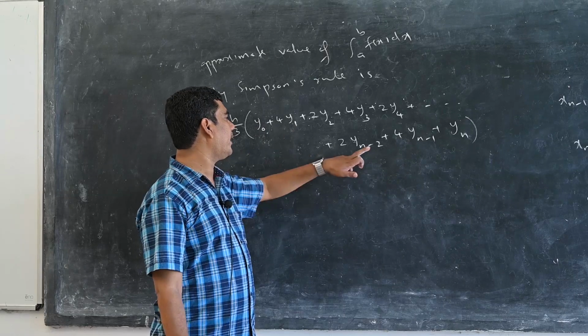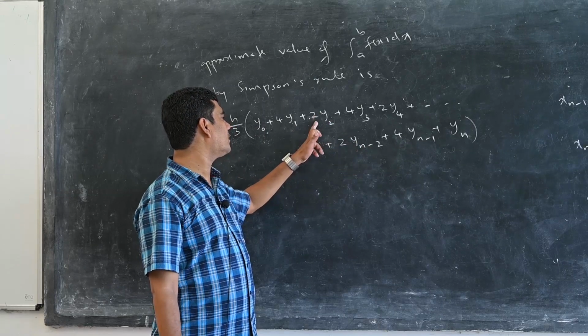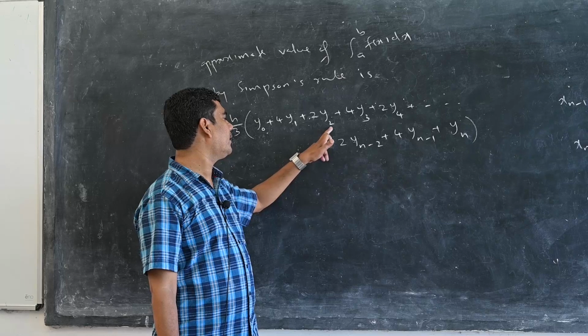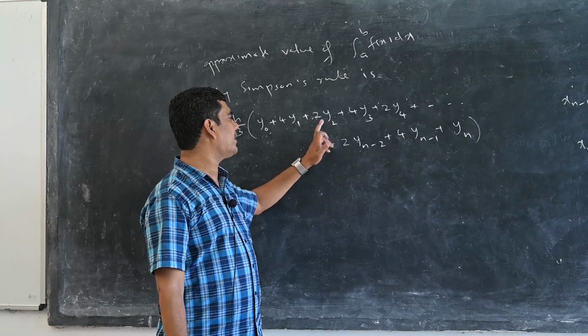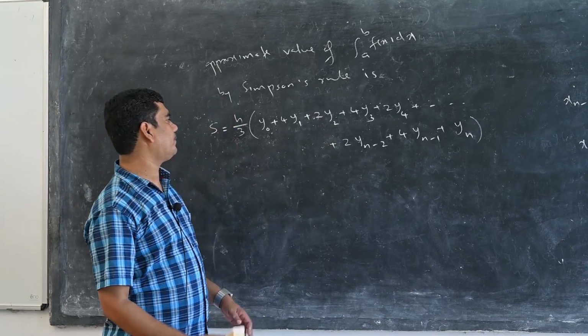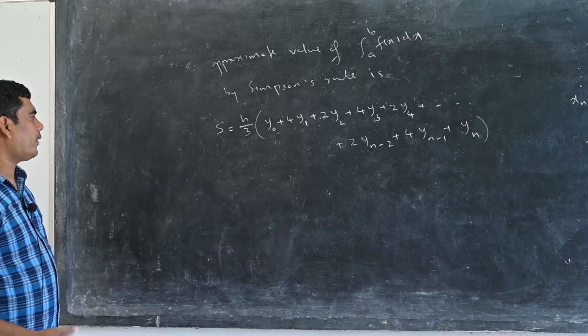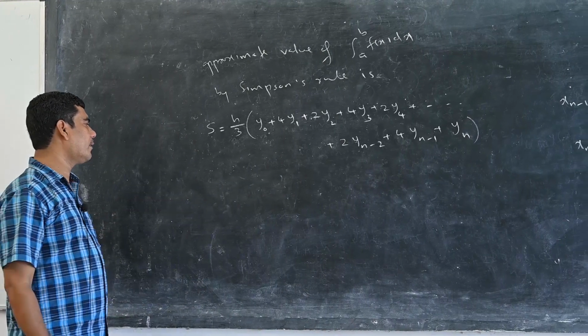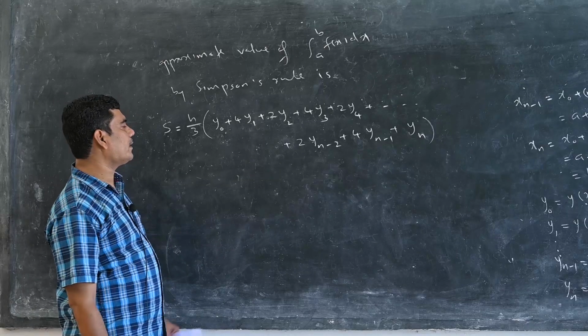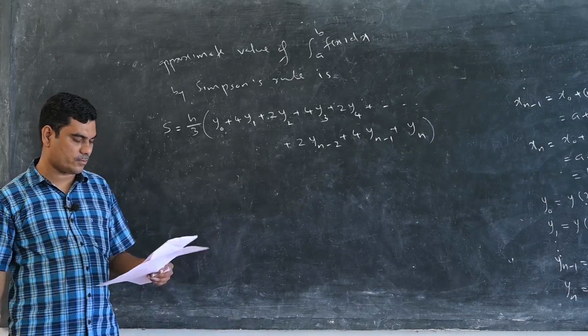Excluding y0 and yn, multiply by 2 all those terms yi with even suffix, 2y2, 2y4, etc. So this is the formula to find the approximate value of the integral a to b f of x dx by Simpson's rule.